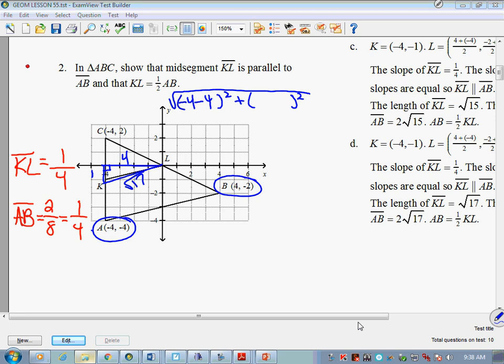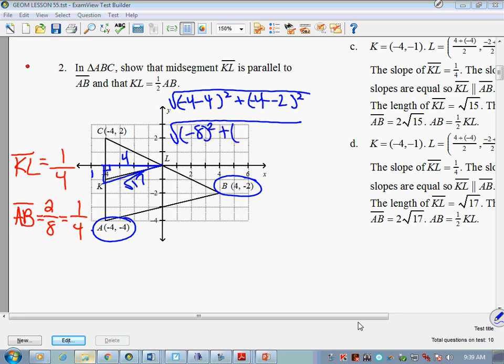Let's go ahead and get our y's. Negative 4 minus negative 2 squared. Okay. Let's simplify that. What's negative 4 minus 4? It's not 0. Negative 8. All right, so we'll put negative 8 here and square it.